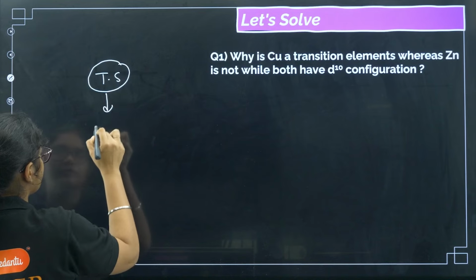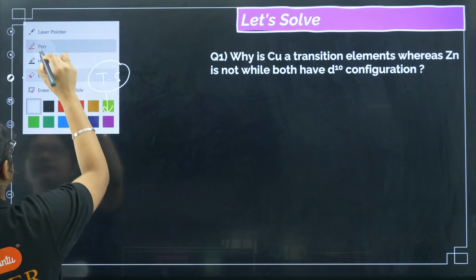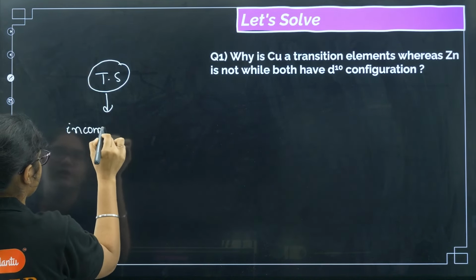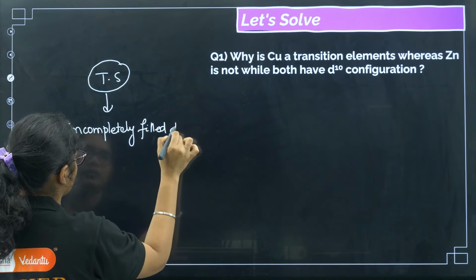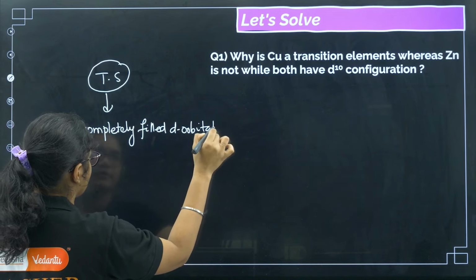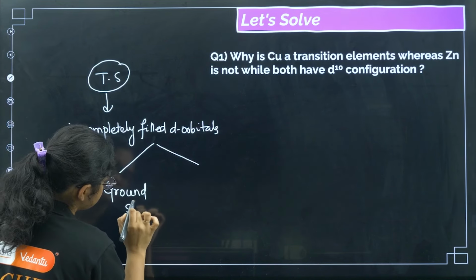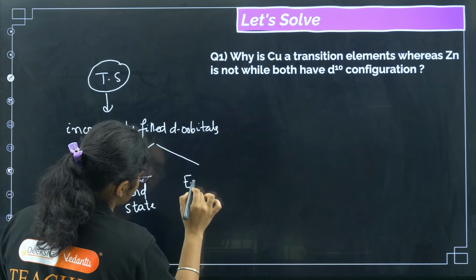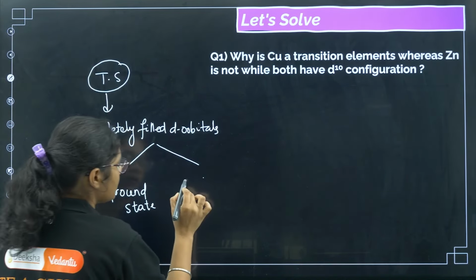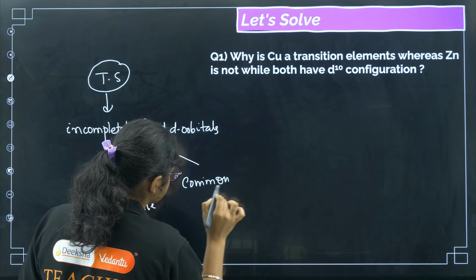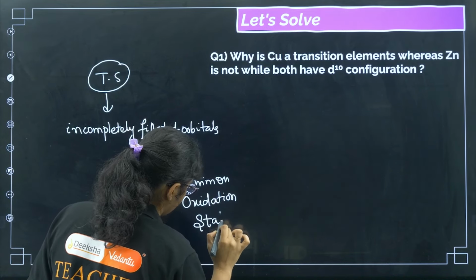A transition element should have incompletely filled d orbitals, either in the ground state or in any common oxidation state, right?